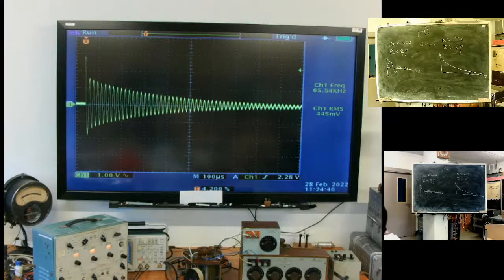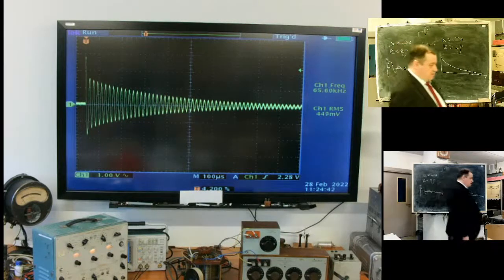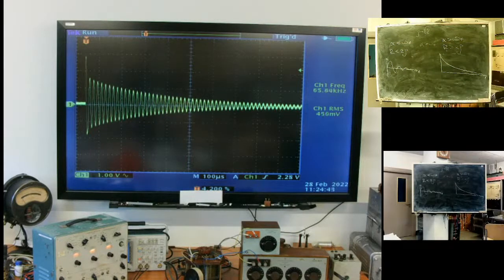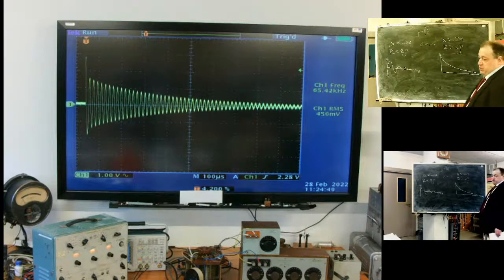One of the moments of concern with power electronics is the quality of commutation.